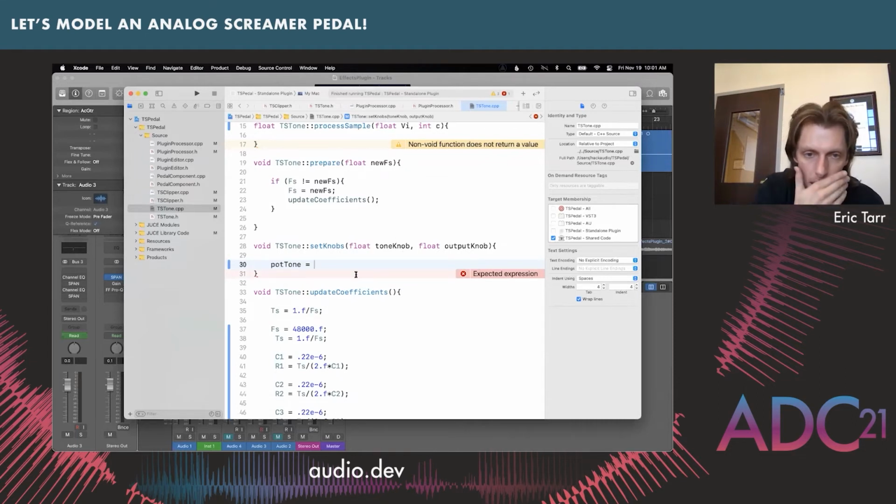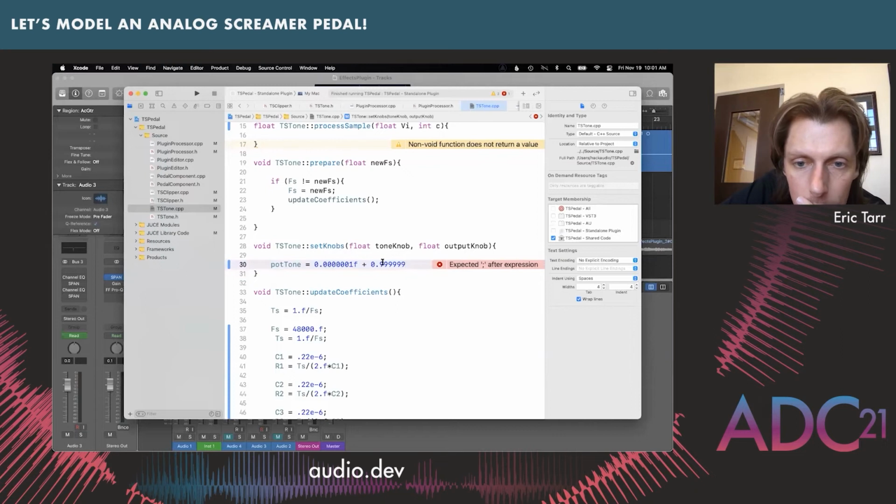That would actually cause a problem for it. So we'll make it some really, really small resistance plus six.